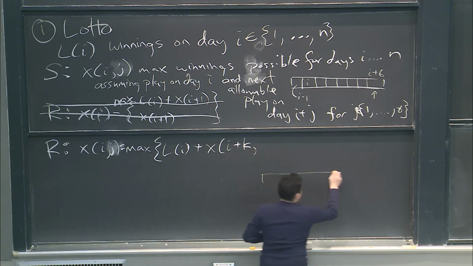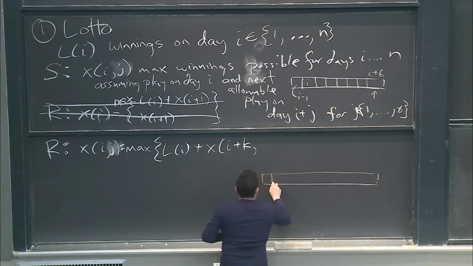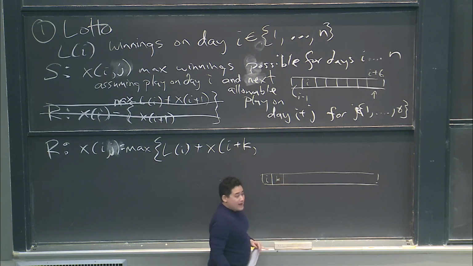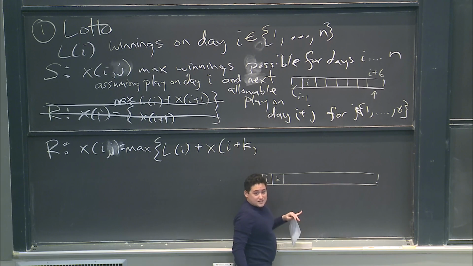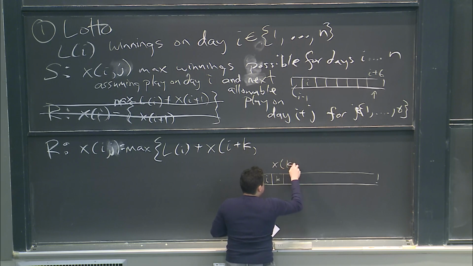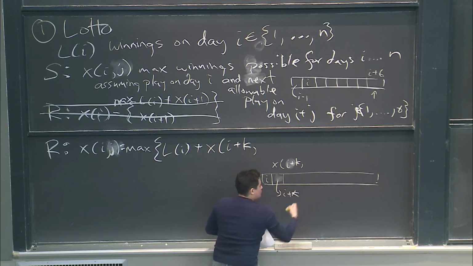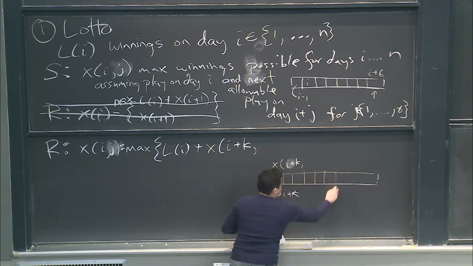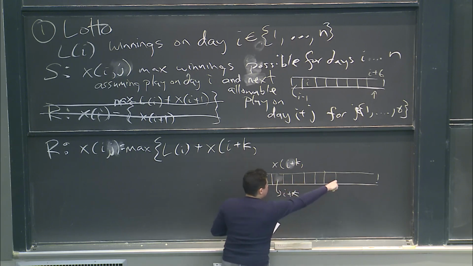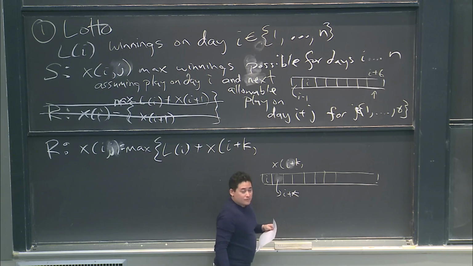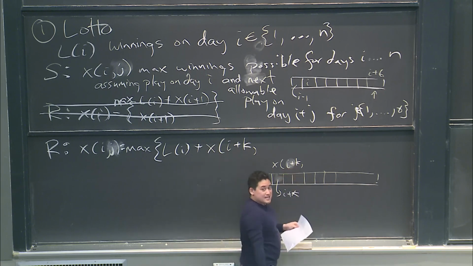So if I'm here, this is I. If I choose k to be the next day, I can't play for many, many times. So the subproblem I'm going to recurse on is I plus k, but j needs to be the max it can be, right? Because I can't play until I plus 6, right? So this I plus k plus 6 is going to be my thing.